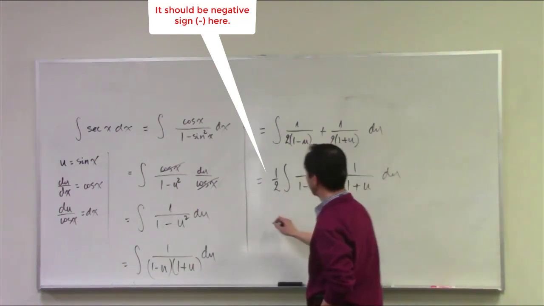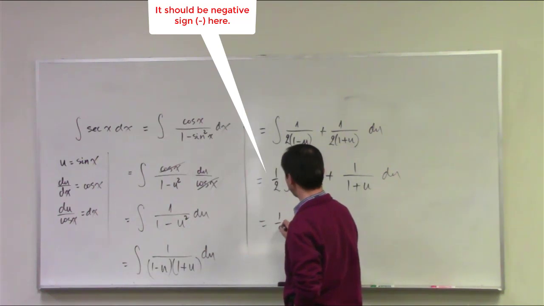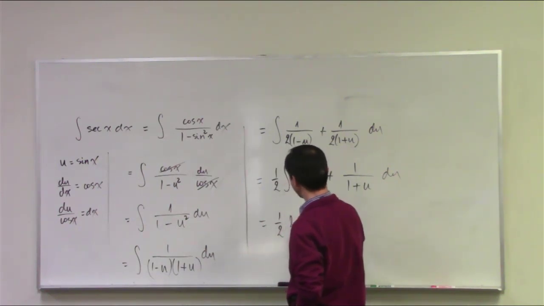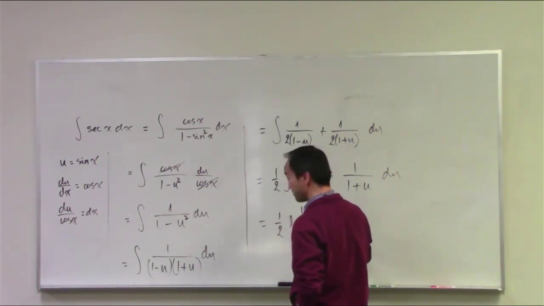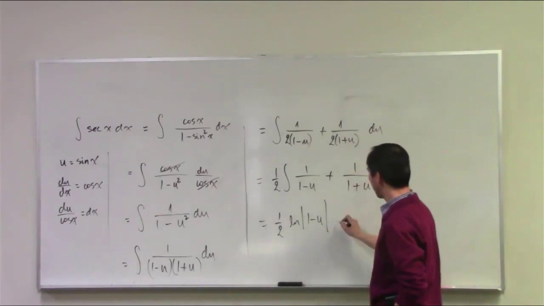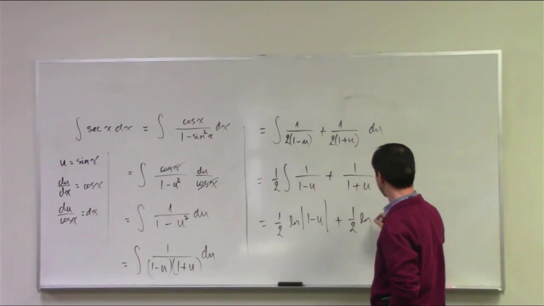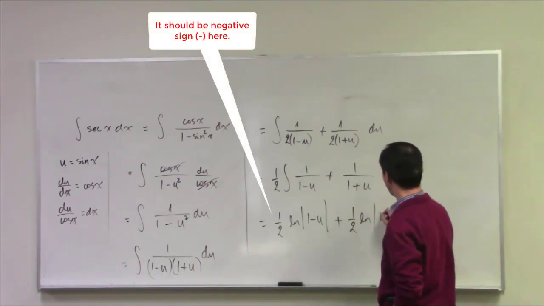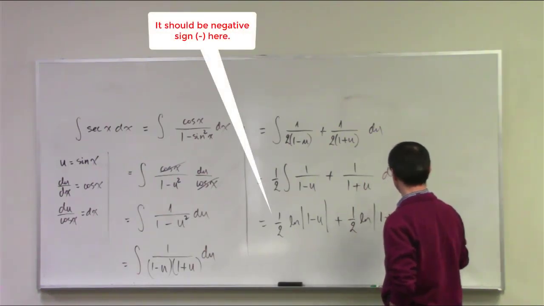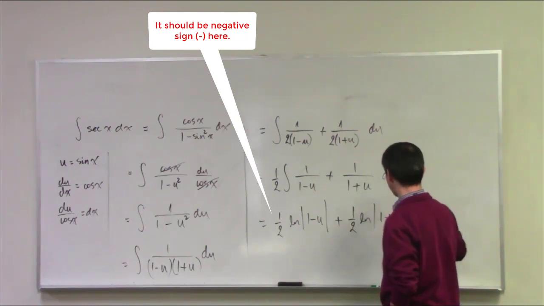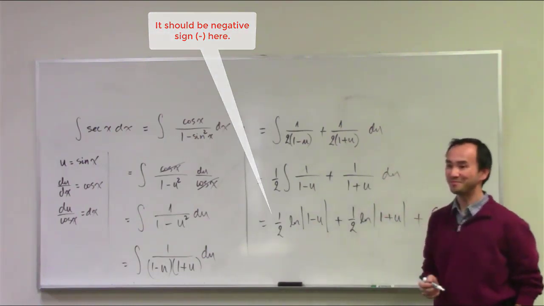Now we're looking at 1/2. The first term goes into a natural log of the absolute value of 1 minus u, and this is a negative sign, and then the next one is plus 1/2 natural log of 1 plus u, plus c. Are we good with that still?